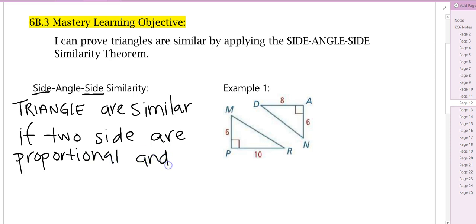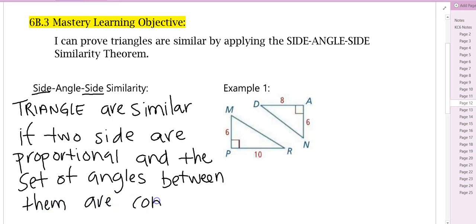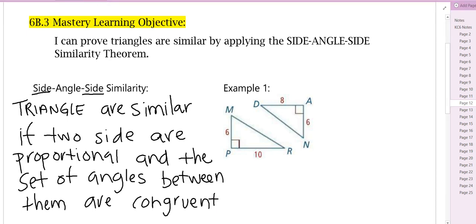And the set of angles between them are congruent. So once you find the two sides, you have to find the angle between them. So the angle in between, the angle that basically is like the vertex of those two sides.